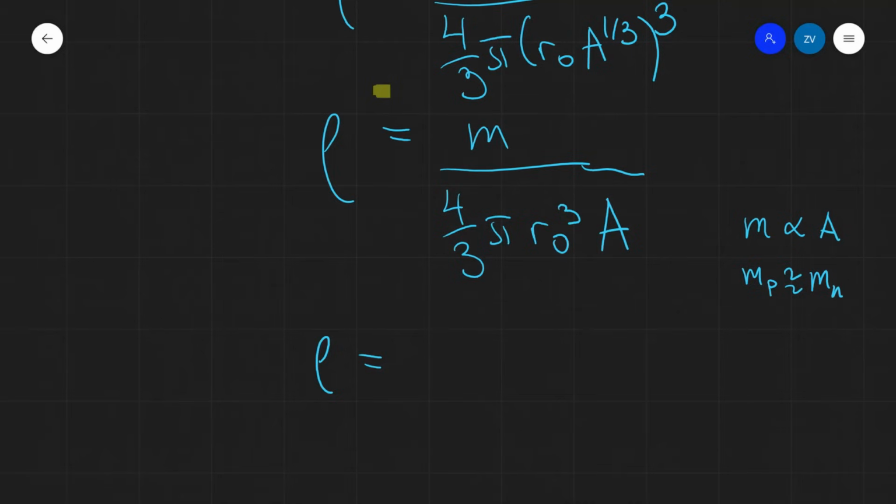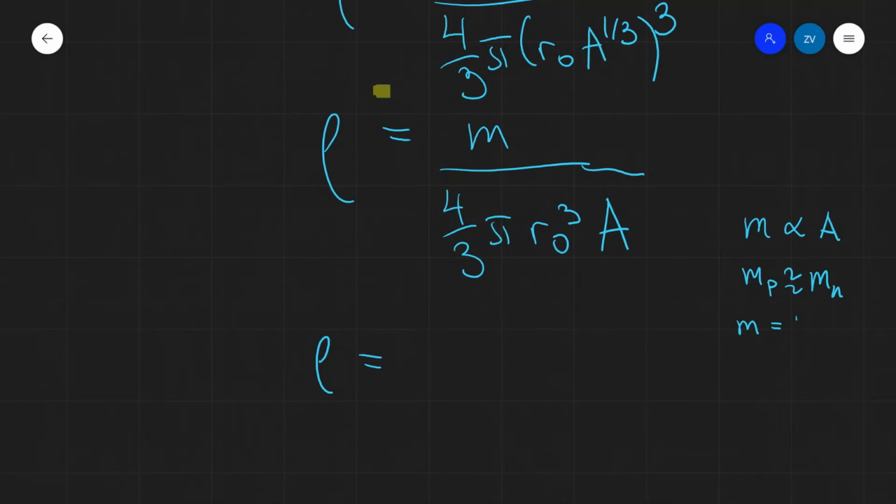Of course, they do differ by a few parts in 10 to the power minus 27, but they're very, very similar. Because of that, the overall mass will be a multiple of essentially the mass of the individual nucleons. So you can think of the mass of the nucleus as proportional to the nucleon number.